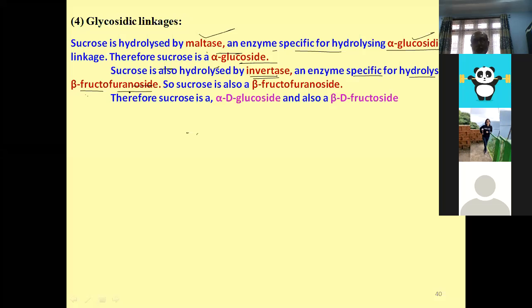That is molasses, and that molasses contains sucrose. And there is a microorganism used to carry out this fermentation. What is that microorganism? You take yeast.